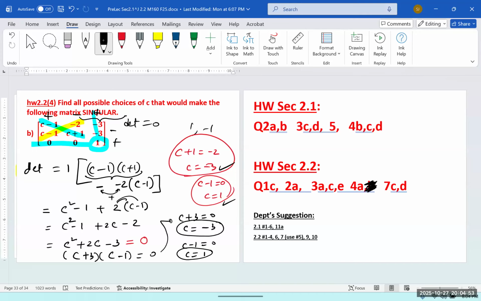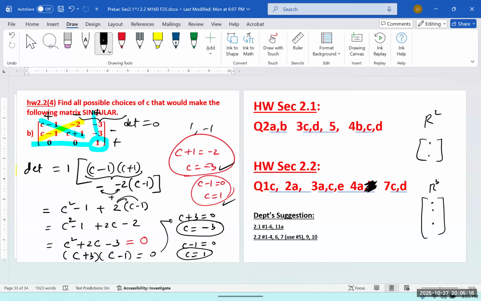N by 1. Depending on which vector space you are on, you have that many rows. So if you are in R2, then you have 2 rows in a matrix. If you are in R3, then you have 3 rows in a matrix.